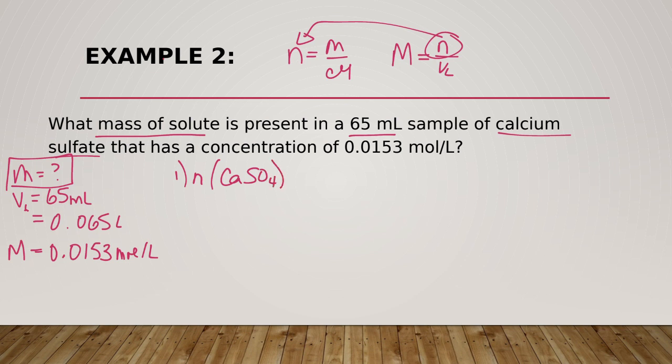Again, knowing nomenclature is very important, particularly for molar mass. To solve this, I'm going to take the molar concentration times my volume. So I'm going to say 0.0153 molar times 0.065 liters.